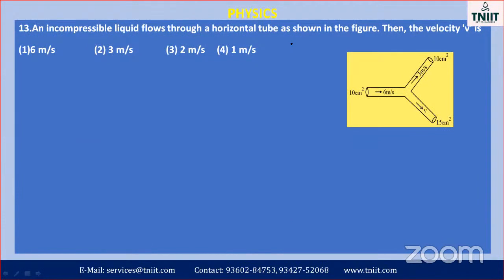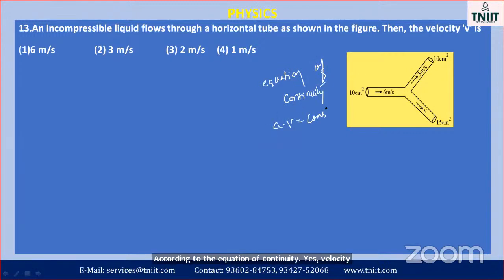There is an incompressible liquid that flows through the horizontal tube as shown in the figure. What is the velocity V? Students, you know that according to the equation of continuity, area into velocity should be a constant.